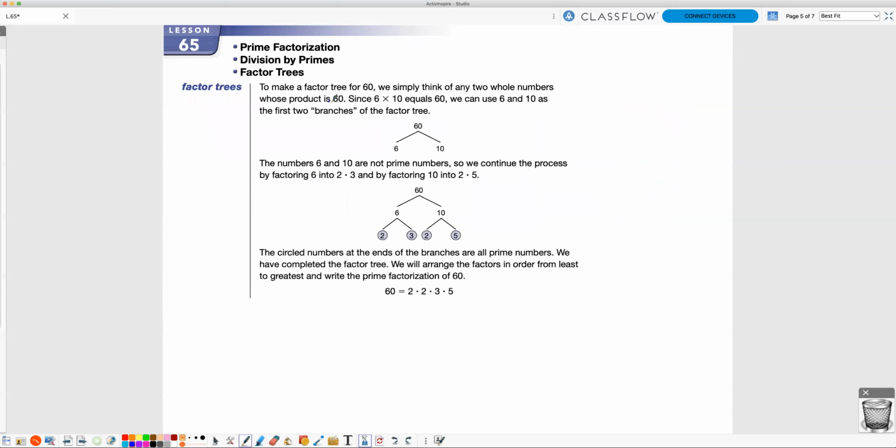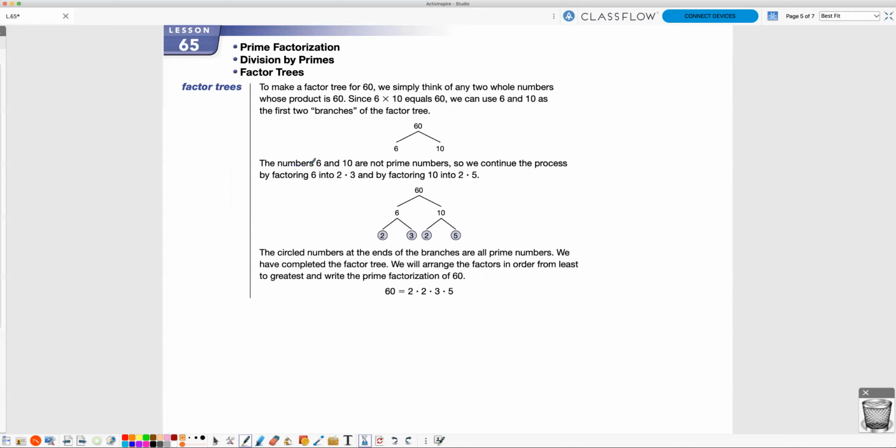To make a factor tree for 60, we simply think of any two whole numbers whose product is 60. Since 6 times 10 equals 60, we can use 6 and 10 as the first two branches of the tree. Notice how it's a tree shape. It starts with the number at the top, and you're branching off into two factors.